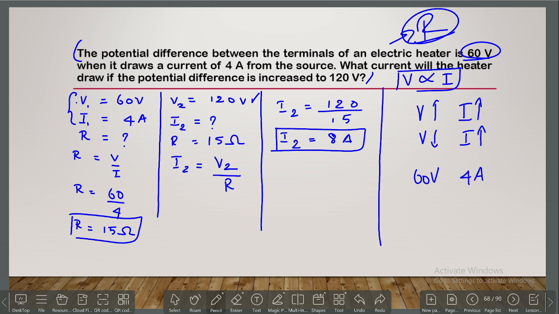Now, what is the value of potential difference in the second case? 120 volt. They are asking how much current. So look at these two values. How many times has the potential difference increased? 2 times. Then the current will also increase 2 times. Then you can write it as 4 into 2, which is 8 ampere. If it is a 1 mark question, you can answer directly like this. Otherwise, we need to solve and then write the answer.